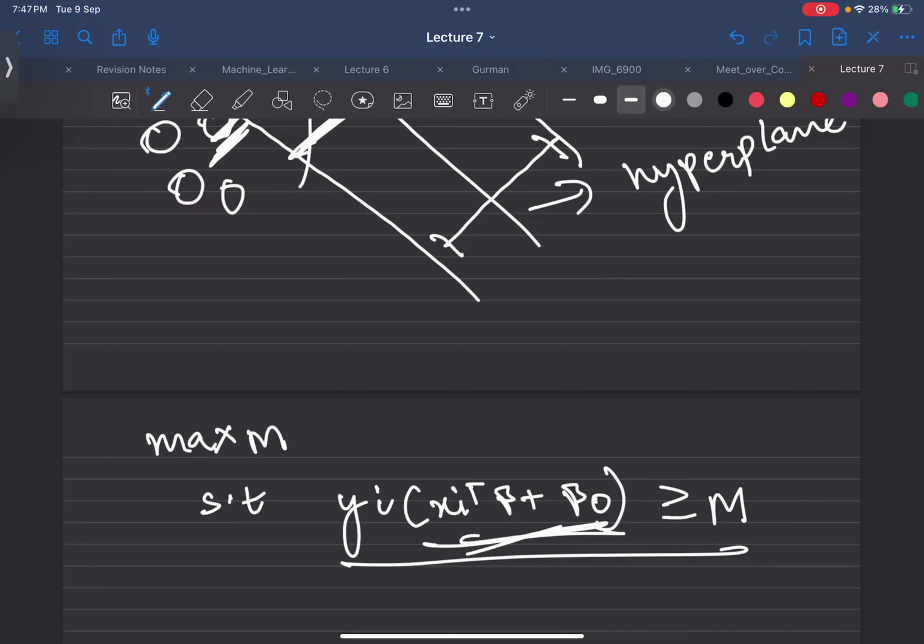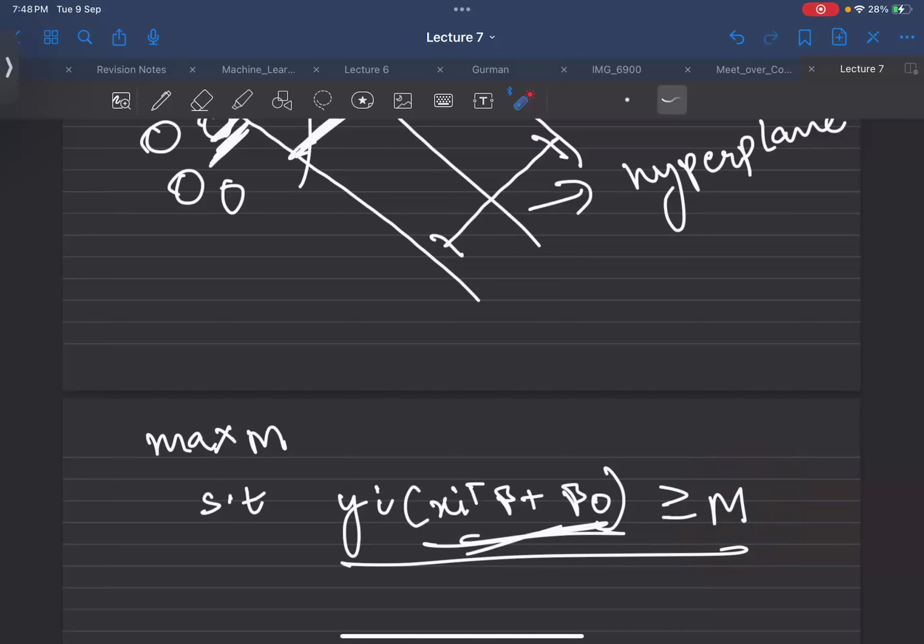As we move away from the decision boundary on the positive side, yi and xi both will be positive, and on the negative side they both will be negative. That was the perceptron, and their product will be positive. You are correct, positive, negative, everything you are saying is correct. What I'm saying is, earlier we were saying it's greater than 1 or less than 1.